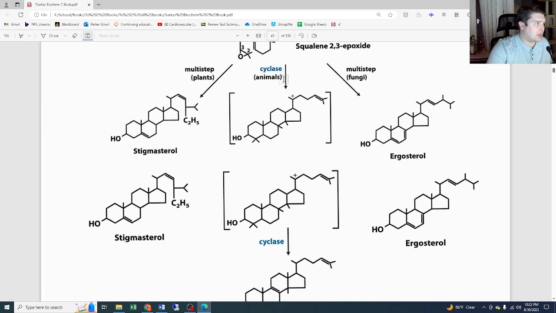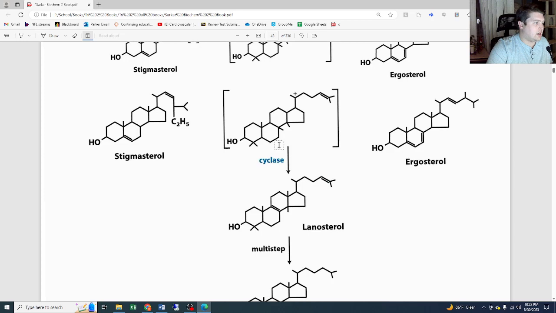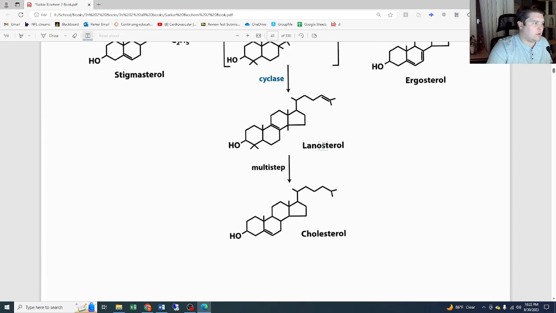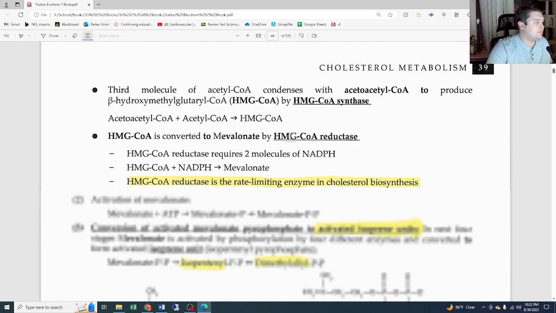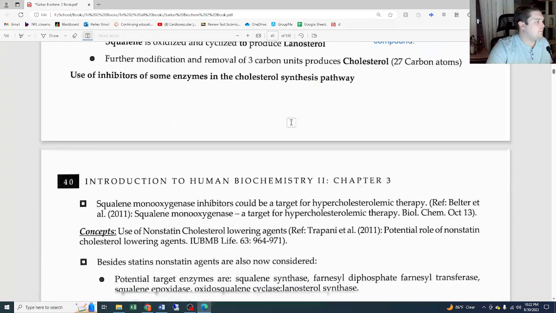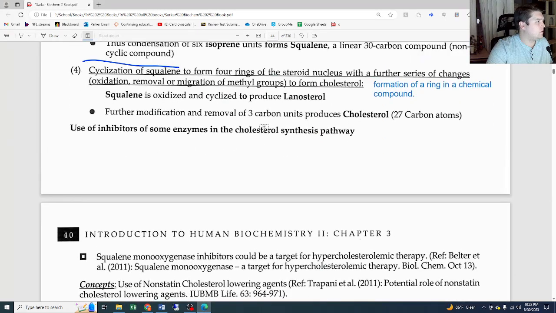Where is our cyclase? There's our cyclase, and now we end up with lanosterol. And then further modification and removal of 3 carbon units produces our ending cholesterol, which is 27 carbon atoms.